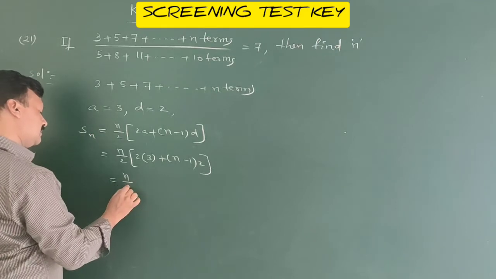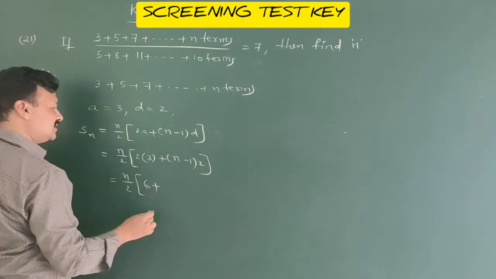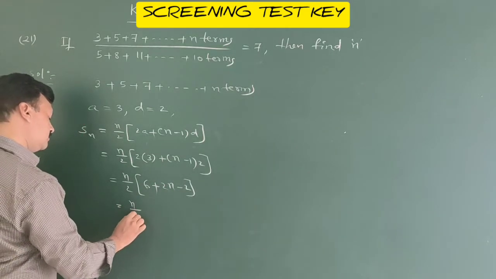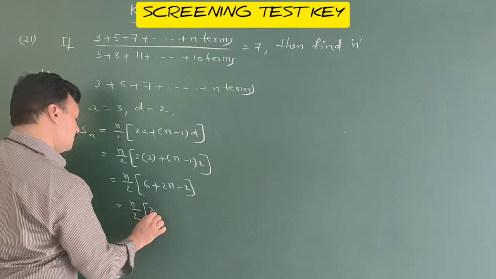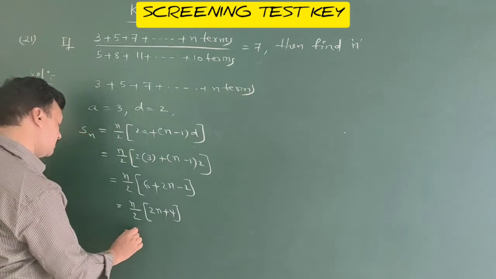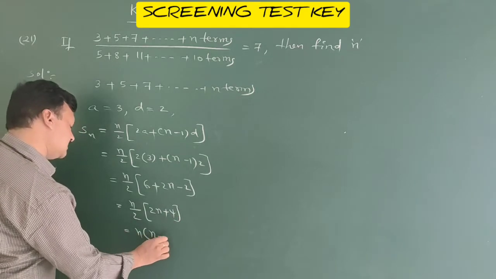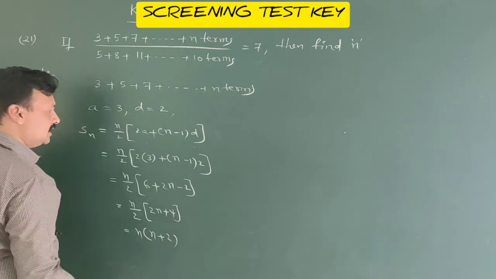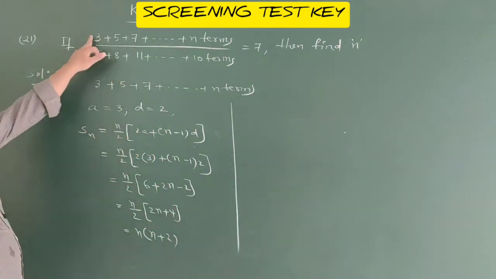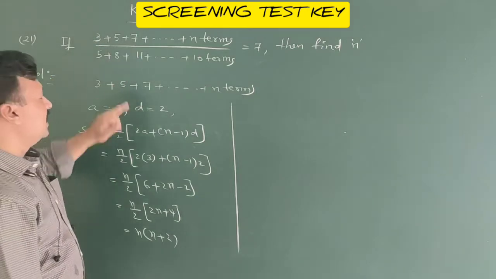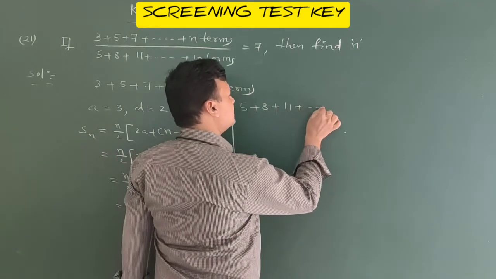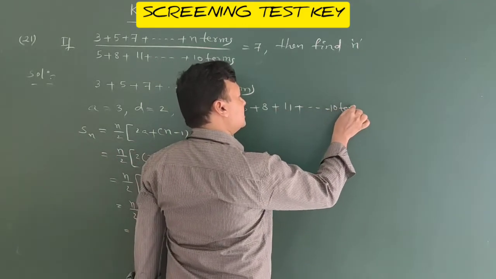So here n by 2 of 6 plus 2n minus 2, that is n by 2 of 2n plus 4. So here n into n plus 2 for the numerator.